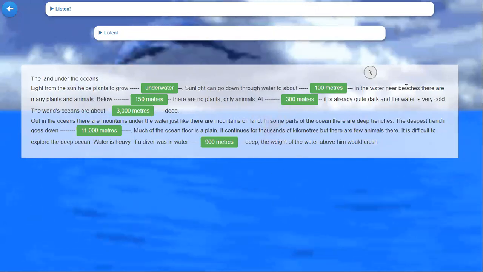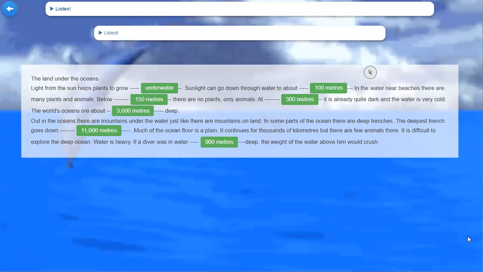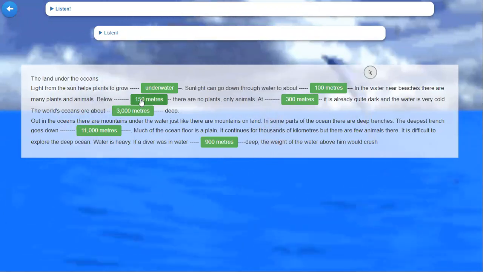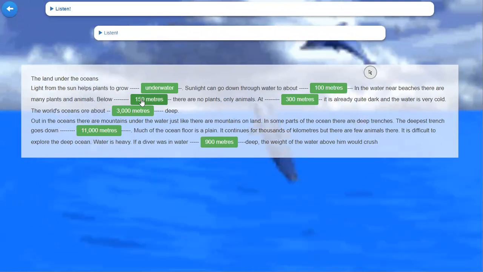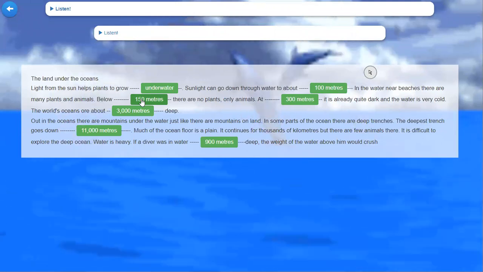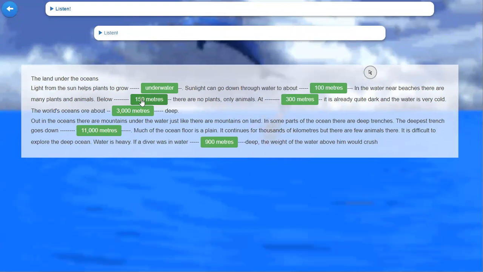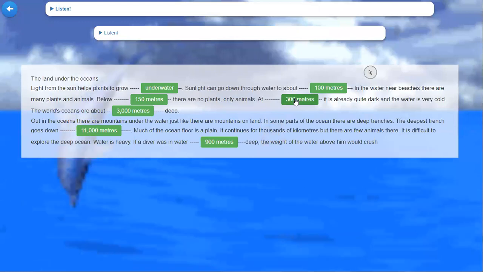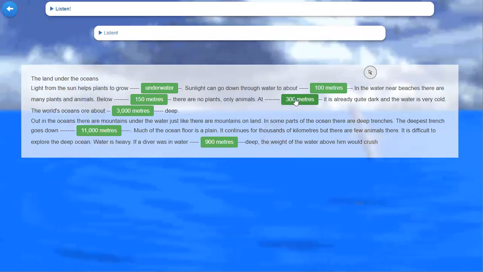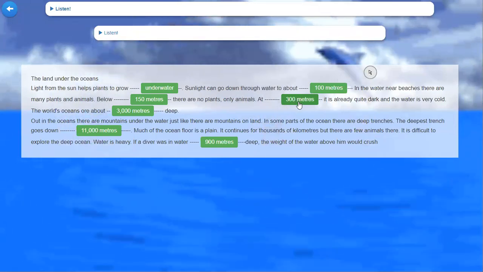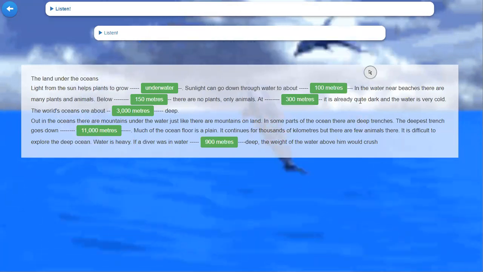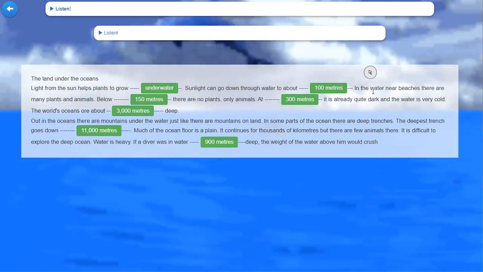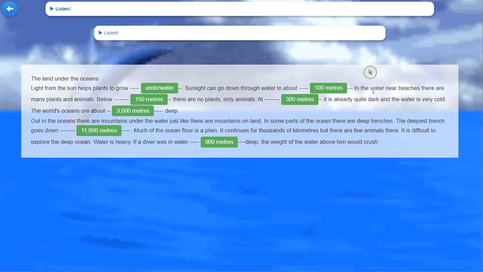Near the beaches, there are many plants and animals below. At 300 meters, there are no plants, only animals. At 3,000 meters, it is already quite dark and the water is very cold.